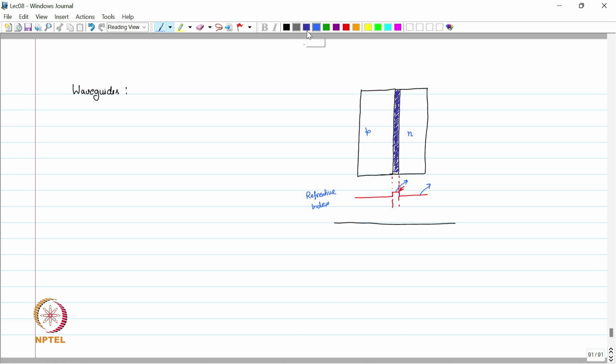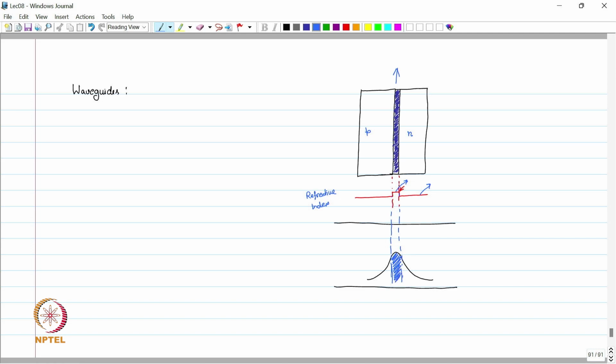And now if we shine a light in this structure along this direction, many of these photons will be confined in this region.